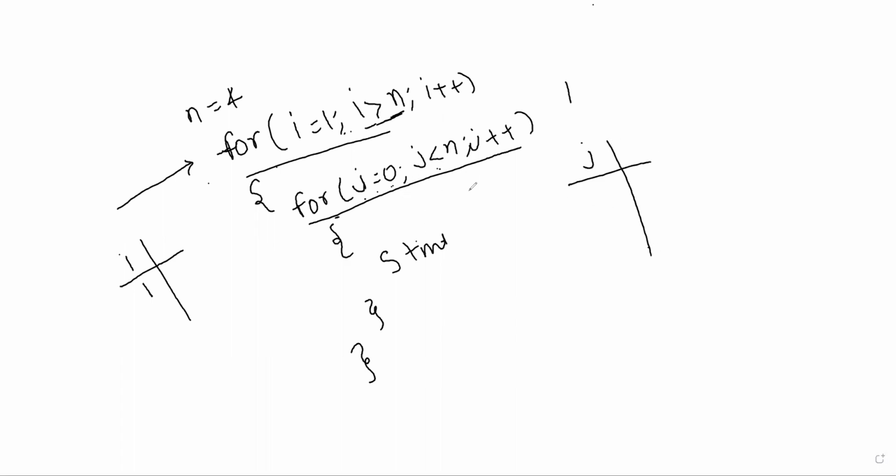How many times does this get executed? 0, 1, 2, 3, so 3 times. So usually this gets executed n times.